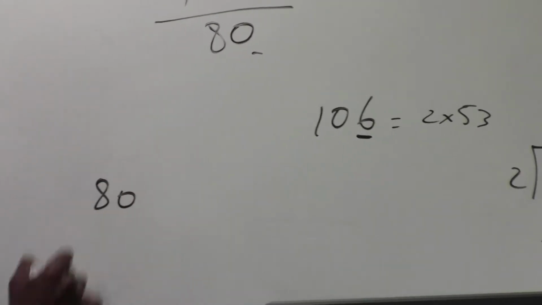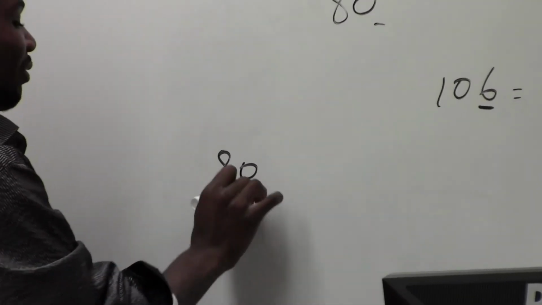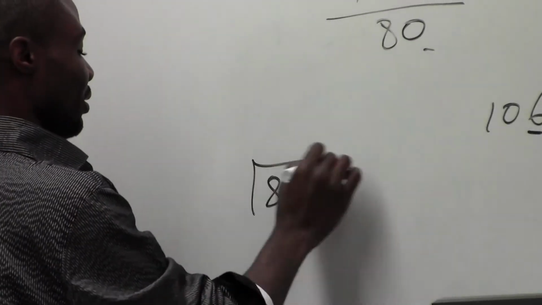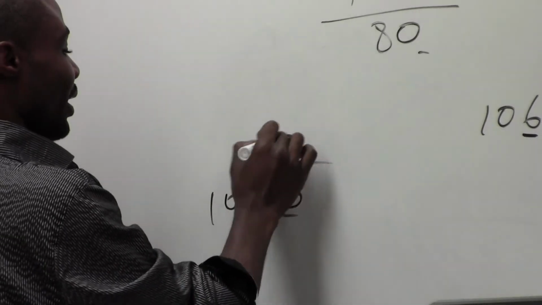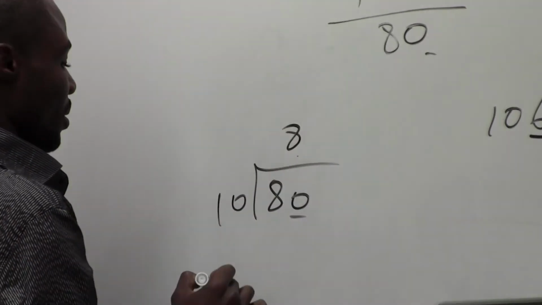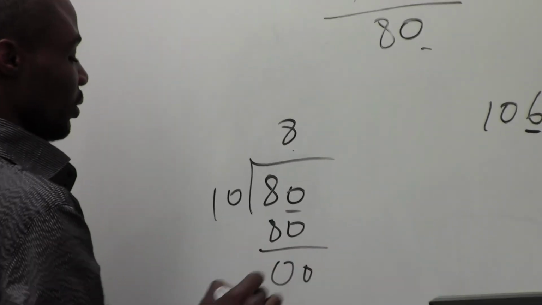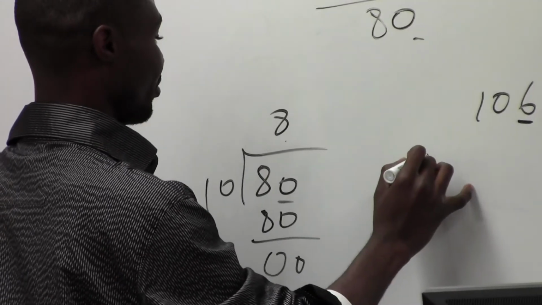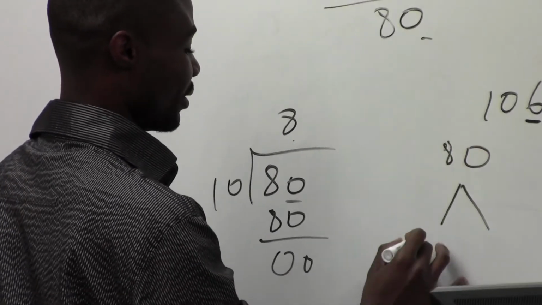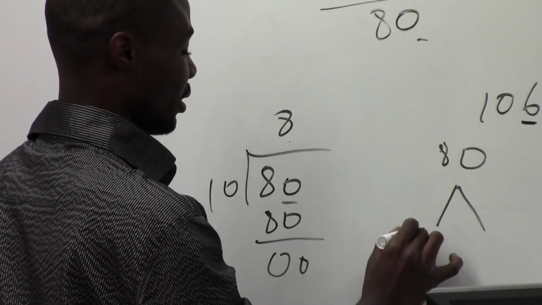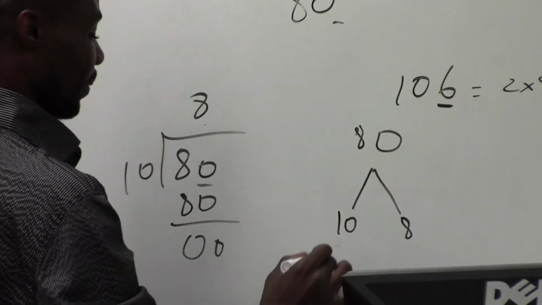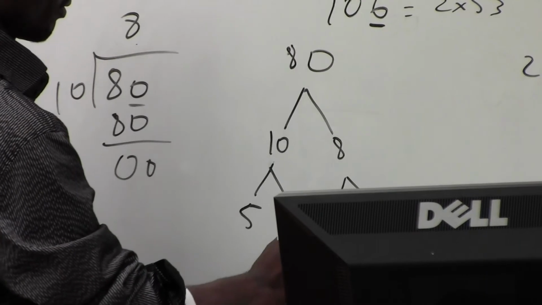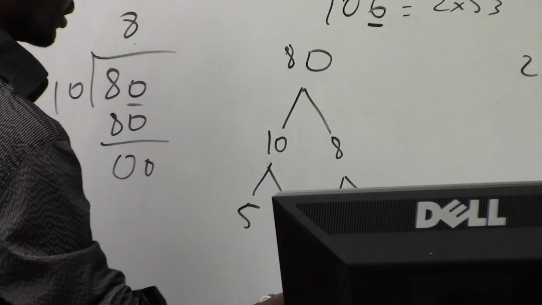With 80, since it's an even number, you can start with 10. 80 divided by 10 is 8. But with 10 you can still break it. When we take 80, we have 10 and 8. 10 you can break as 5 times 2, 8 as 4 times 2, and 4 as 2 times 2.